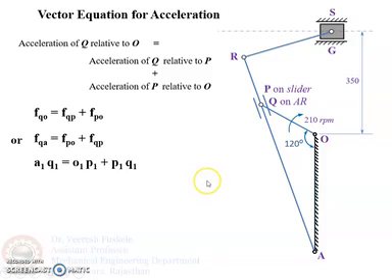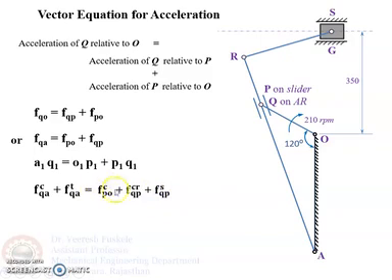Now, if we write this in the form of components, then FCQA plus FTQA will be equal to FCPO plus F Coriolis component of QP plus the sliding component of QP.